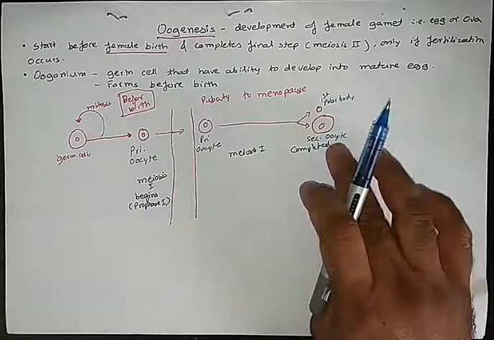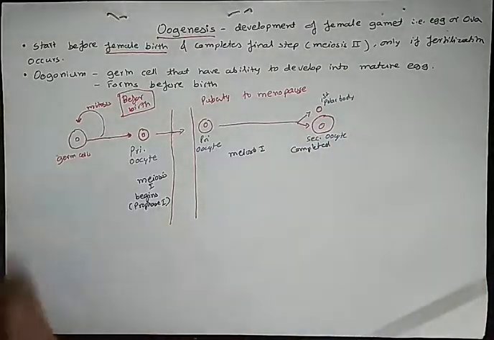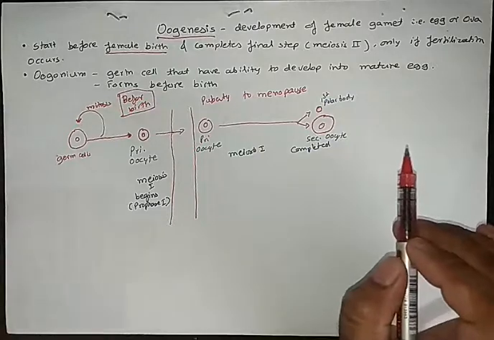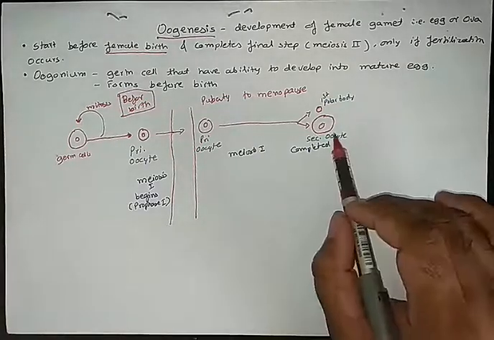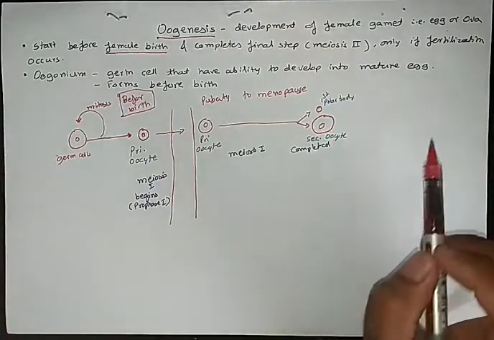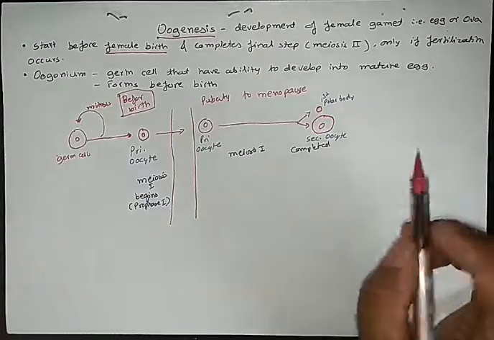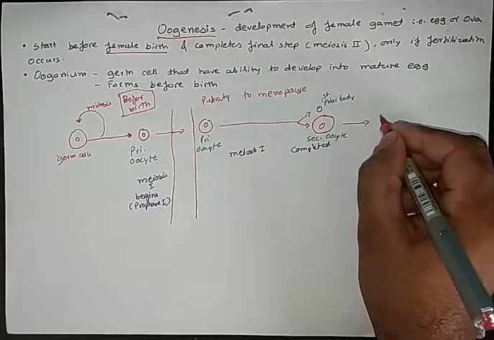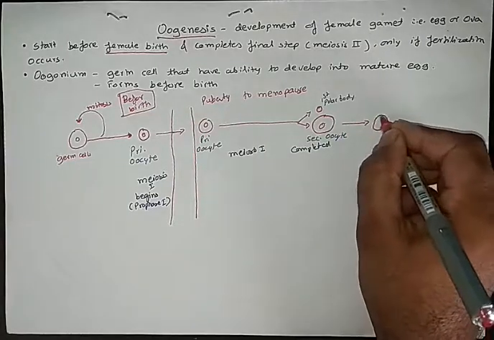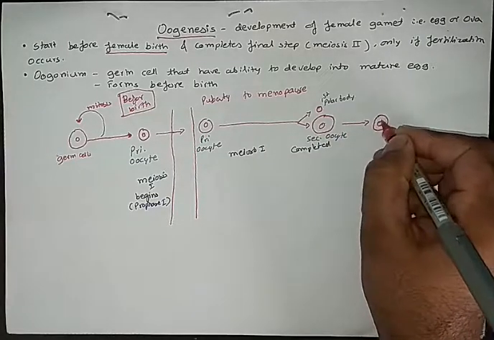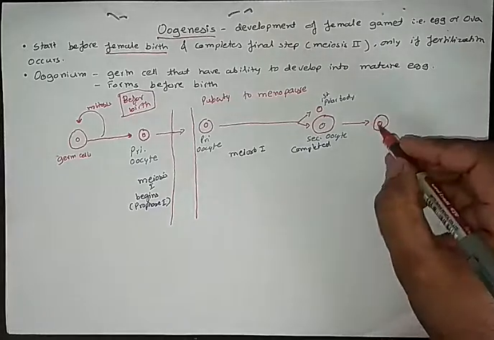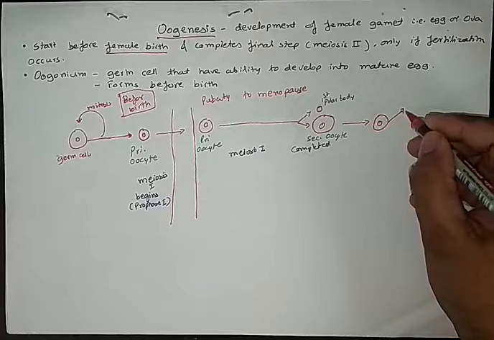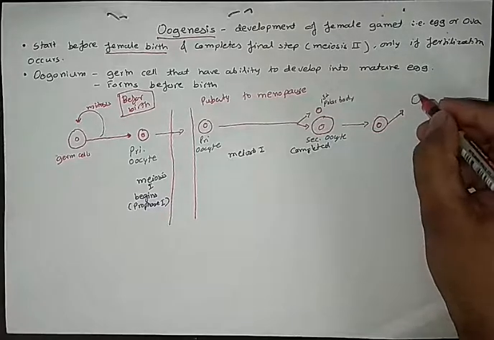Once this meiosis 1 is completed, then this secondary oocyte gets ovulated, that is, it comes out of the ovary. After coming out of the ovary, this secondary oocyte is in the fallopian tube, and if it doesn't get fertilized, then it dies.